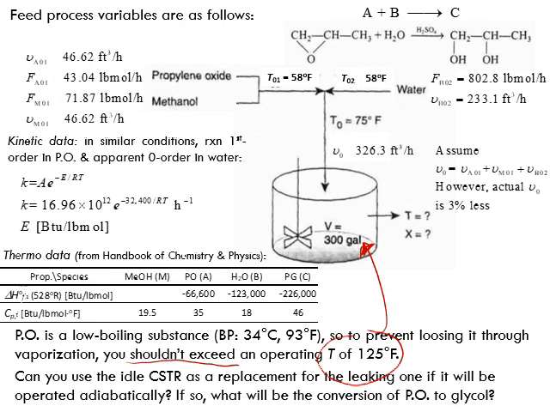Okay, what is the question? Can you use the ideal CSTR as a replacement for the leaking one if it will be operated adiabatically? So can we use this reactor, which is shown in the picture here, and operate it adiabatically and still maintain a temperature below 125 degrees Fahrenheit?